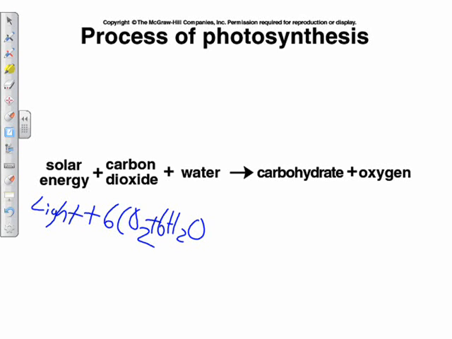ATP. These three things were all what in the cell respiration equation? Products. They are the reactants for photosynthesis. Light, energy, carbon dioxide, water. These are the things a plant, an organism that does photosynthesis, has to have to be able to do photosynthesis.